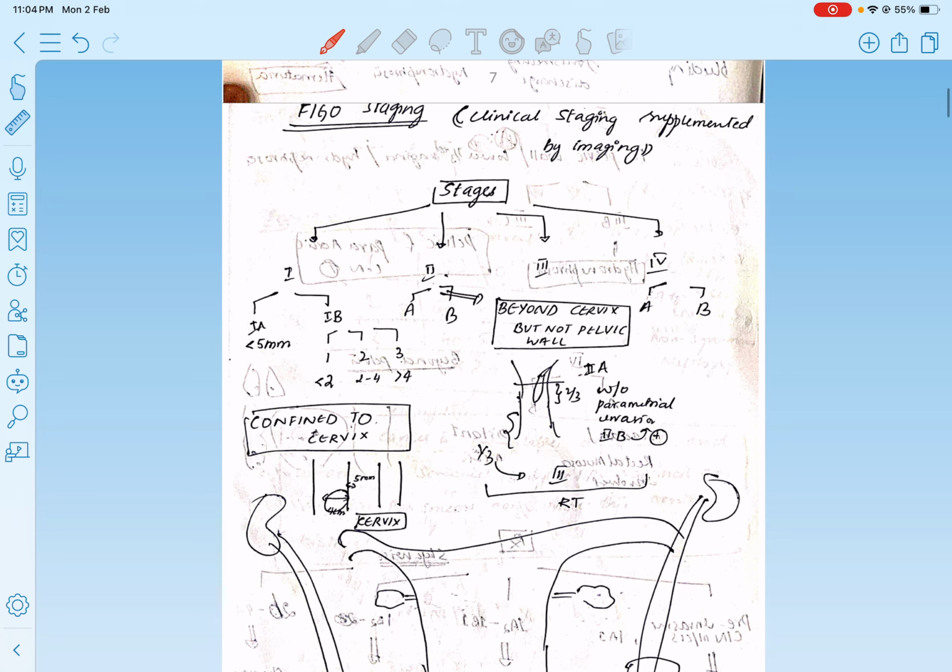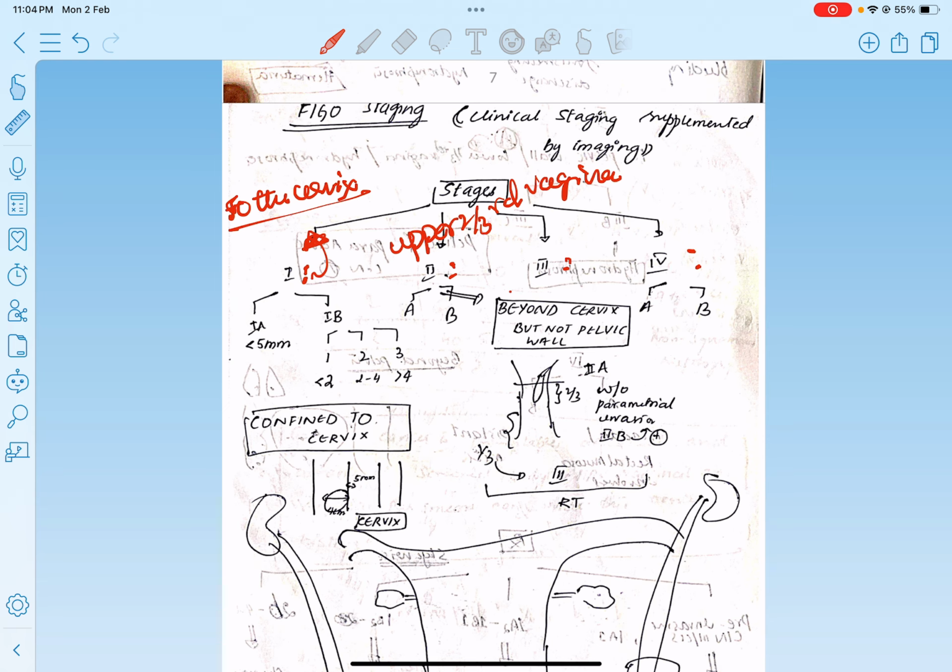Again while coming to FIGO staging, mention stage 1, stage 2, stage 3, stage 4. Under stage 1 you have to mention that it is confined to the cervix, here extending up to the upper 2/3 of vagina, here loco-regional disease, here distant metastasis.